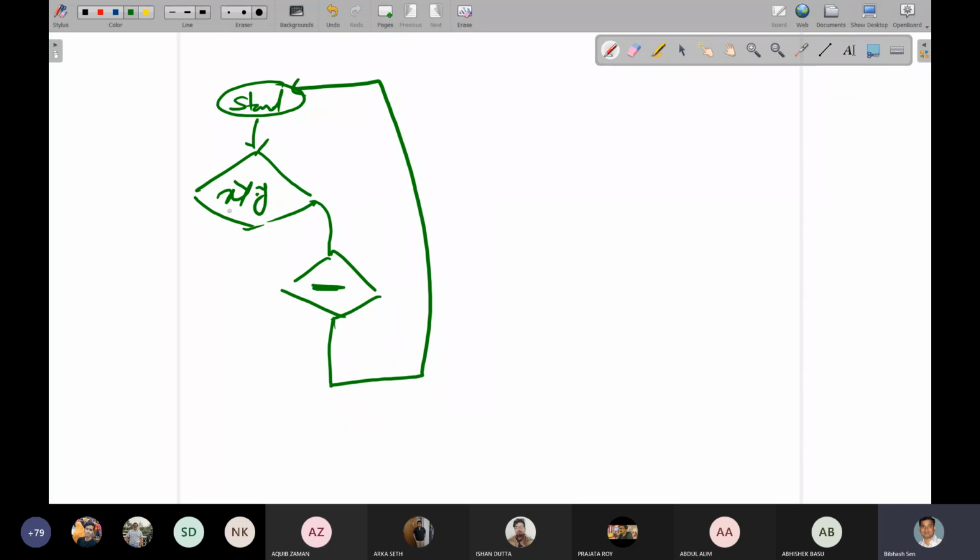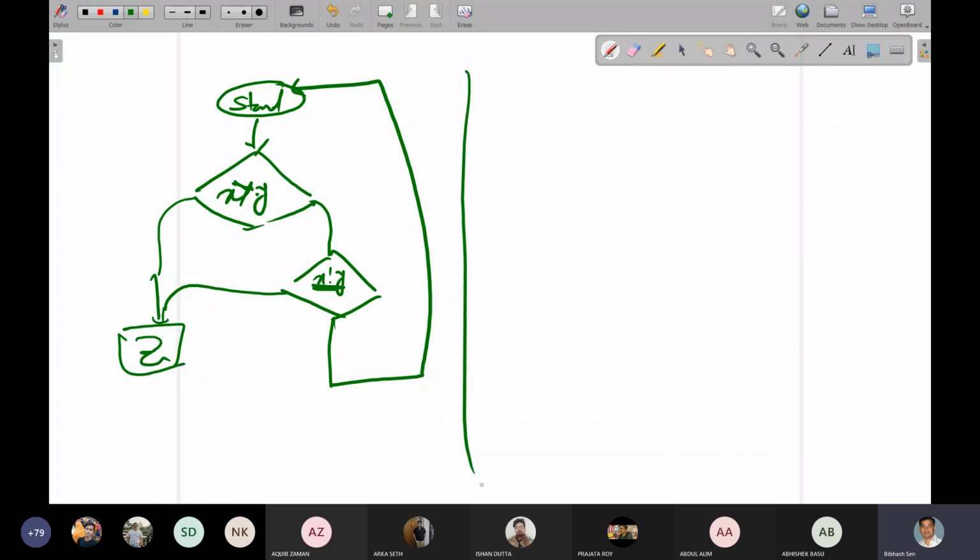Otherwise, if x is less than y and x not equal to y, I am also checking here, then both the conditions come to a path and finally lead to the value of z as per the logic I mentioned. My question is that this is the final result that will be stored, the z.